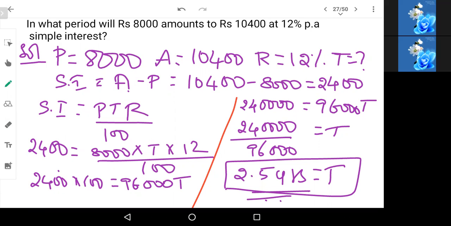Understood? Is it clear? Yeah, 2.5 years, correct.